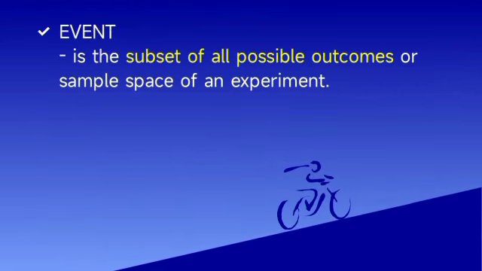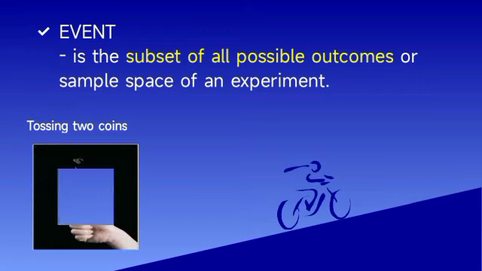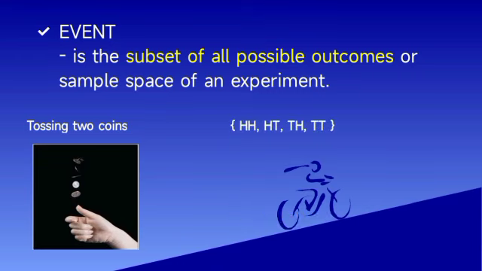How about event? When we say event, it is the subset of all possible outcomes or sample space of an experiment. So how can we illustrate an event in tossing two coins? All possible outcomes of tossing two coins are head head, head tail, tail head, and tail tail.